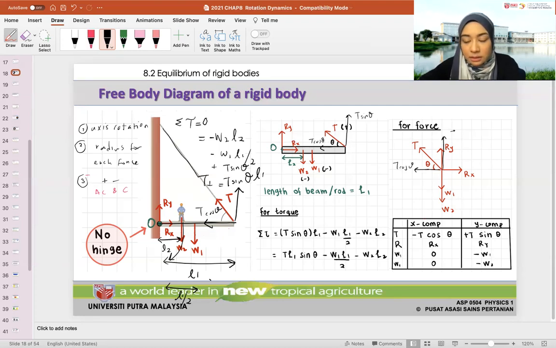This is T sine theta. So in our x direction, we have minus T cosine theta, positive Rx, positive T sine theta, positive Ry, minus W1 minus W2, the weights. Combine all your forces into the center. That is your free body diagram for forces.